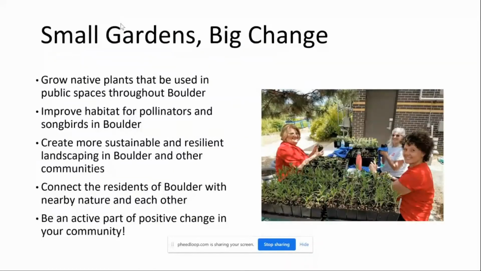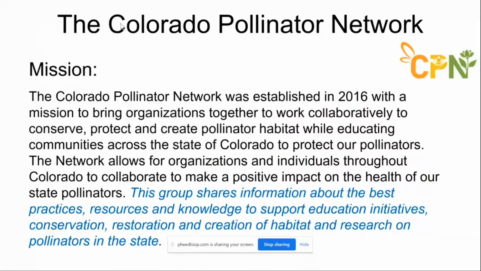I'm just going to take this opportunity to reiterate to folks where the Colorado Pollinator Network came from and what our mission is. The Colorado Pollinator Network really came about after the very first Colorado Pollinator Summit in 2016 with a primary mission to work collaboratively to conserve, protect, and create pollinator habitat.